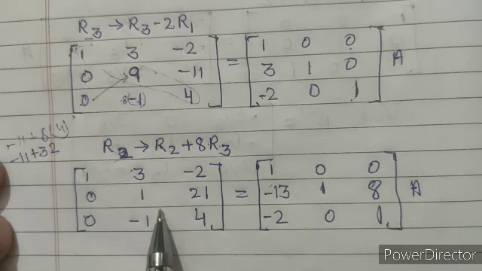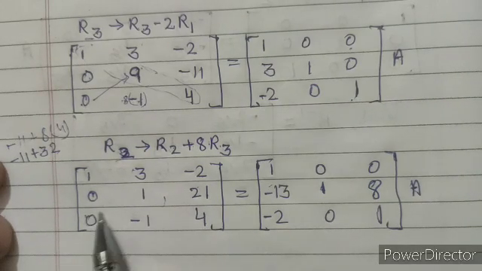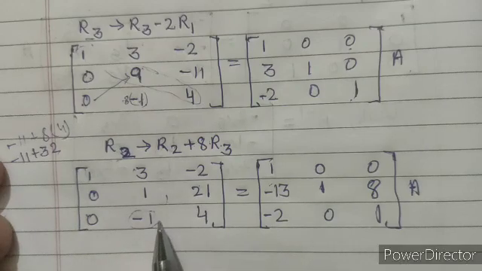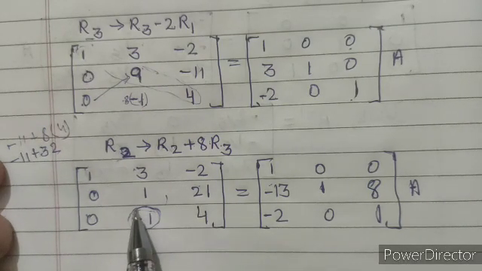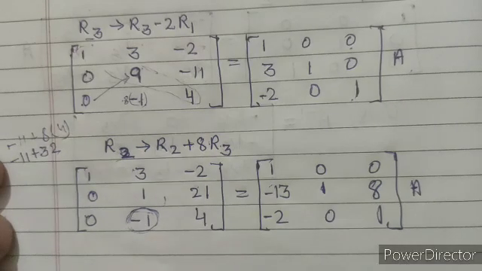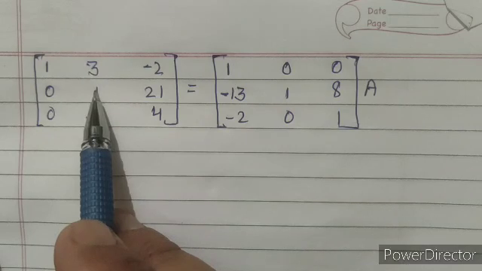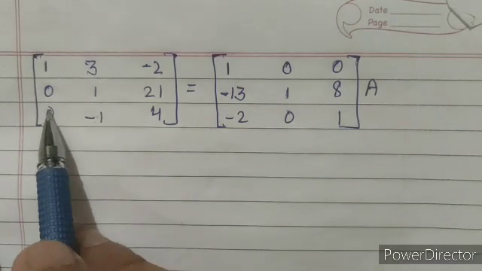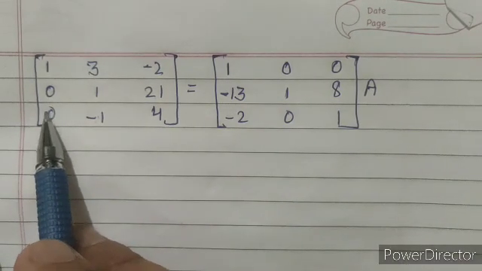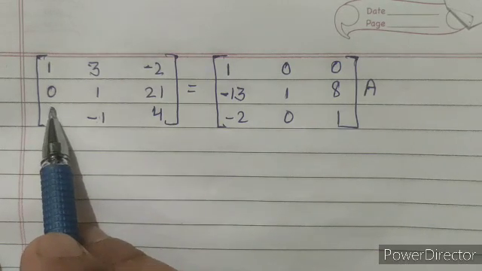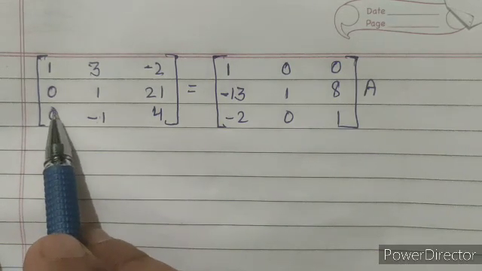Now we have to convert this minus 1 into 0, as minus 1 plus 1 will be equal to 0, and 0 plus 0 will not make any change to this first element of row 3, which we have already changed.